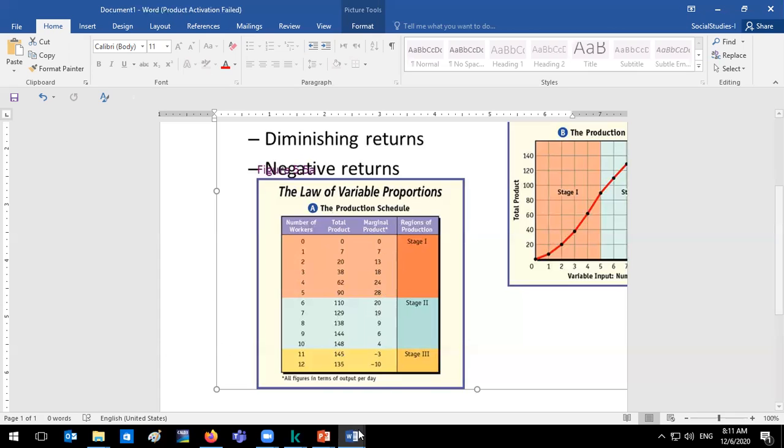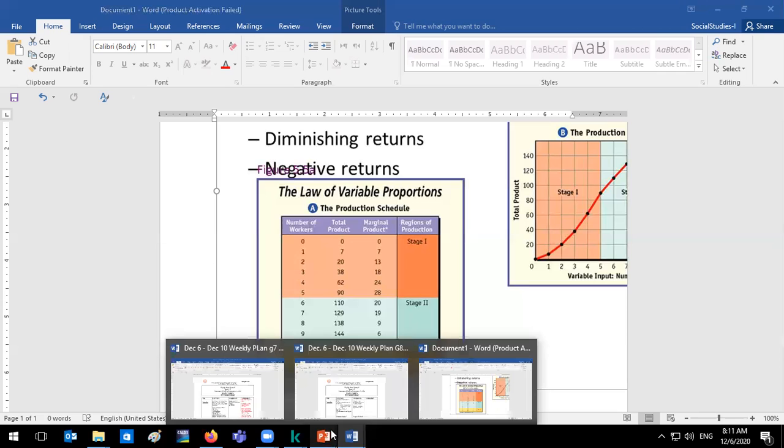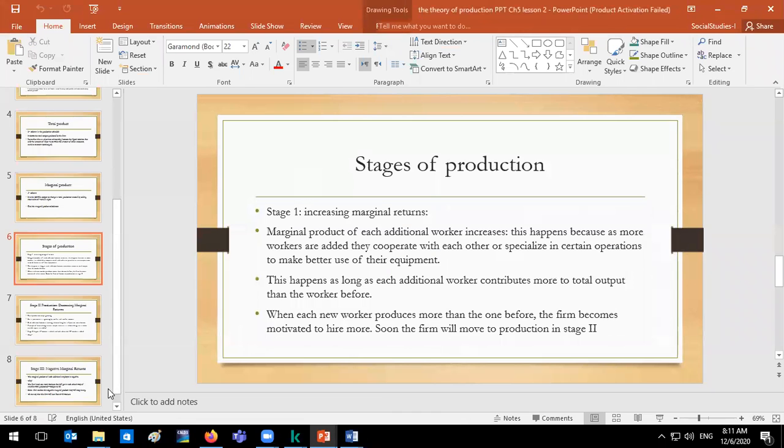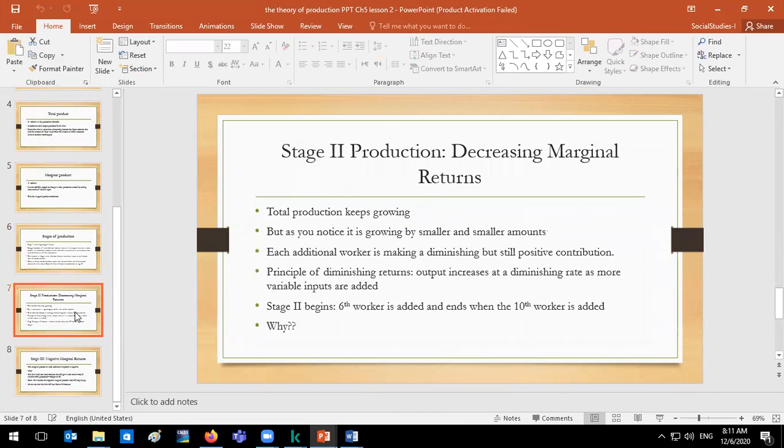All right, what does stage two tell me? It tells me that my total product is growing, that my second column is increasing, like I said, but you notice a gradual decrease in my marginal returns. Each additional worker is making a diminishing contribution, but it's still positive.